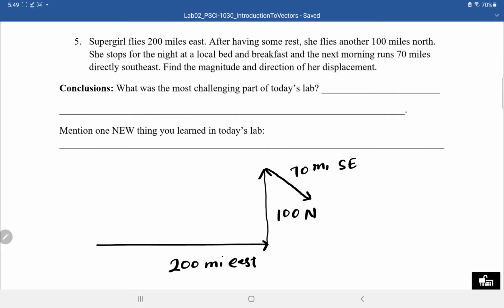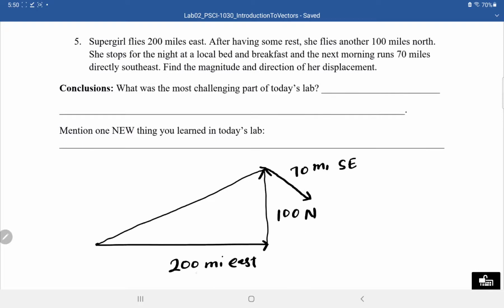As you did before, you can use the parallelogram law. I'm just showing you the method of how to do it. First find the resultant of this one and this one. To find the resultant, you can complete this triangle.